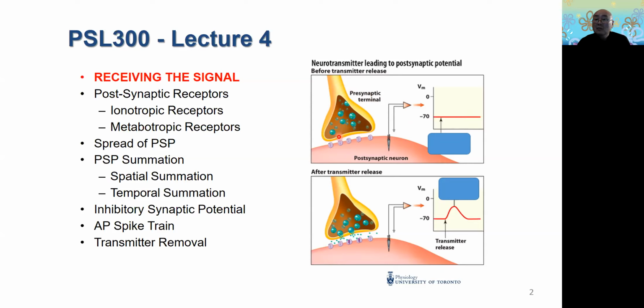We've now seen the release of neurotransmitters through the voltage-gated calcium channels and the kiss and run or full fusion event. As the neurotransmitters leave and bind to these postsynaptic receptors, can we measure the changes occurring in this postsynaptic cell? That basically is what we're going to be talking about today.